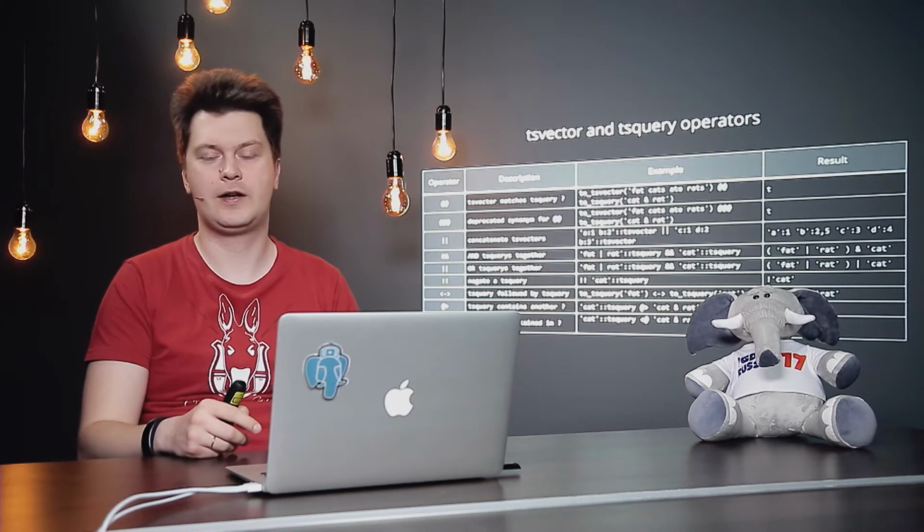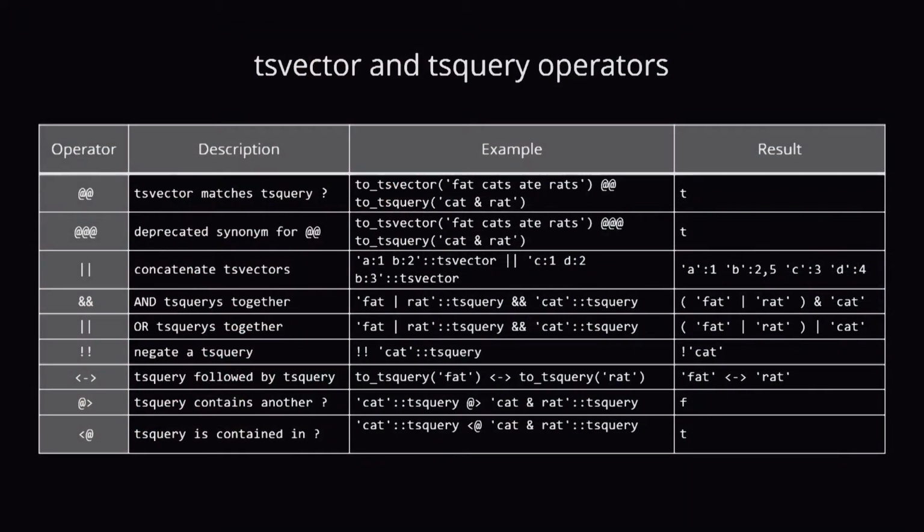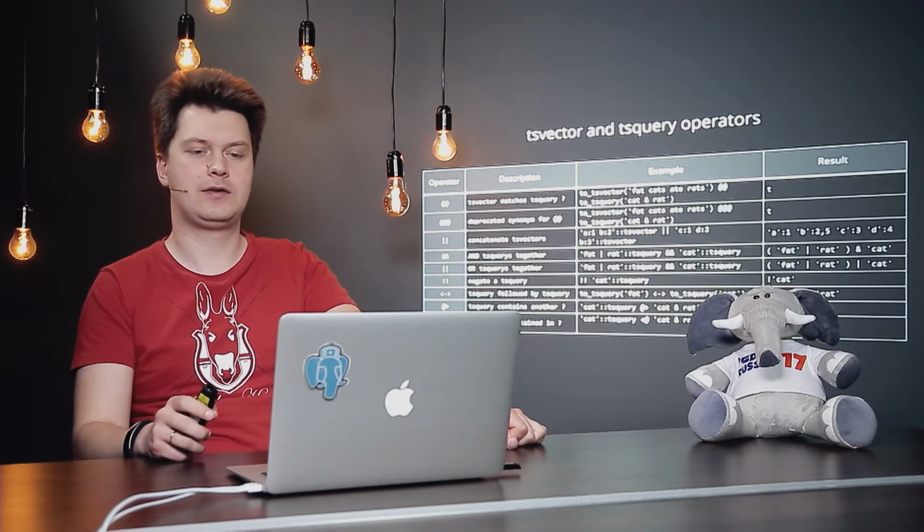So some parts of your TS vector can be taken from the title of your document, some words can be taken from the abstract part of a document, some words can be taken from other specific areas of a document, and you can label these sources of terms to search only by titles or only in abstracts. And in Postgres you can have 4 labels, A, B, C, and D, inside a TS vector. You also can concatenate TS queries through AND or through OR and check whether a TS query is relevant to some TS vector.